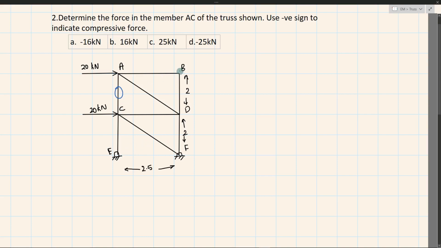So we have joint B which has only 2 members or 2 forces, so this can easily be solved, right? So we'll have one force somewhere here and another force somewhere here, FAB and FBD. By applying simple sigma Fx is equal to 0 and sigma Fy is equal to 0, we can say that FAB is equal to FBD is equal to 0.